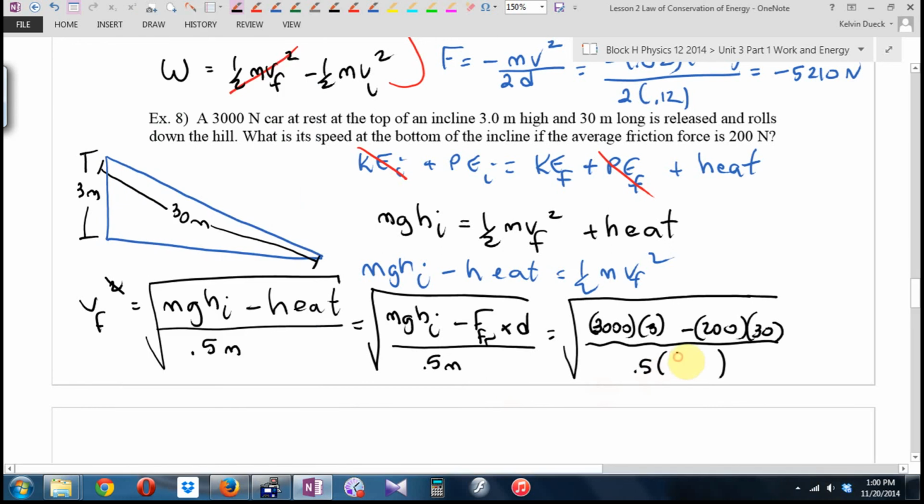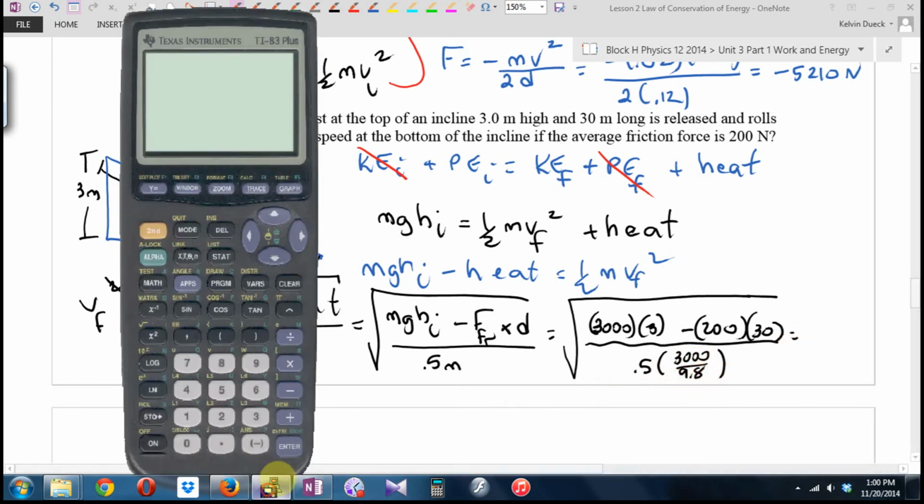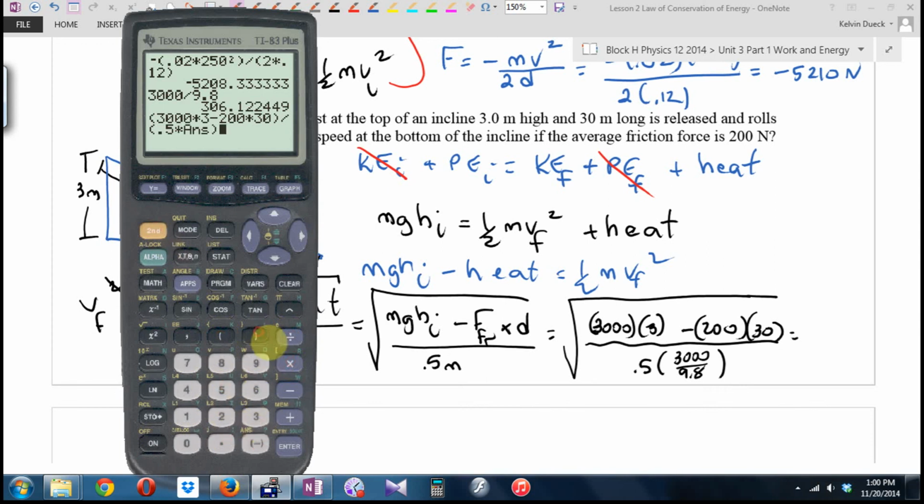Oh, heck, you know what? Let's even go 3,000 over 9.8. That was clever. 3,000 divided by 9.8 is that number there. I'll use my answer button. Bracket 3,000 times 3 minus 200 times 30, close off the top, divided by, open the bracket, 0.5 times the mass, square root. This might work out almost nice. 4.43, is that right? I hope, maybe, sort of, kind of, maybe?